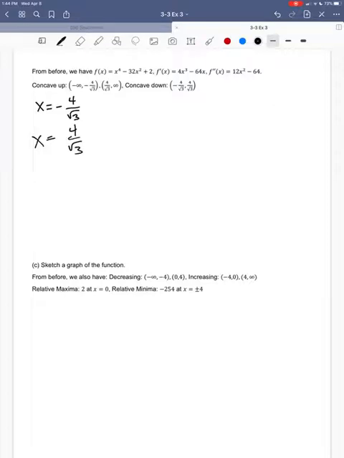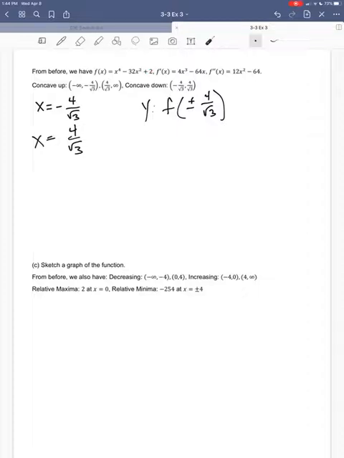Now to find my y-coordinate, I need to evaluate f at these values, plus or minus 4 over the square root of 3. Now in general, I would have to calculate those separately. But when I look at my original function f of x, all my exponents are even. So whether I put in positive 4 over the square root of 3 or negative 4 over the square root of 3, for this particular function, it's not going to make a difference.